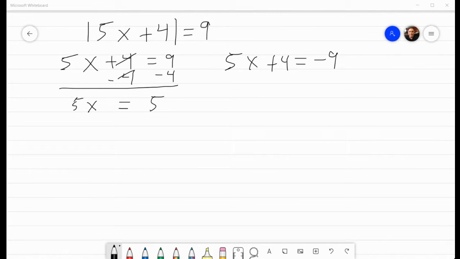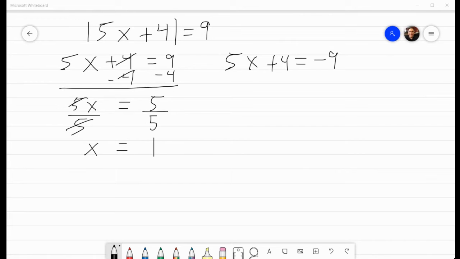But we don't want 5x, we want x. So we divide both sides by 5, and these cancel. We're left with x equals 1.